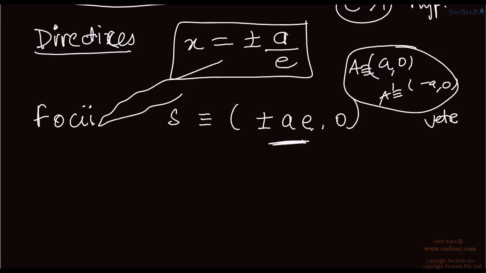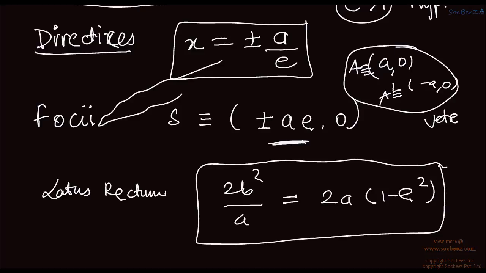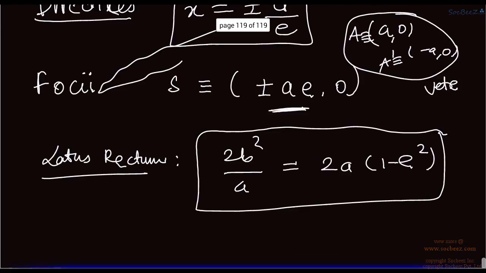Then we have the latus rectum, which is given by 2b square by a, is equals to 2a into 1 minus e square. This is the latus rectum, or you can say length of the latus rectum. Latus rectum is actually a length, so that's why it is 2b square by a. Fine. So these are the formulas, easy formulas.